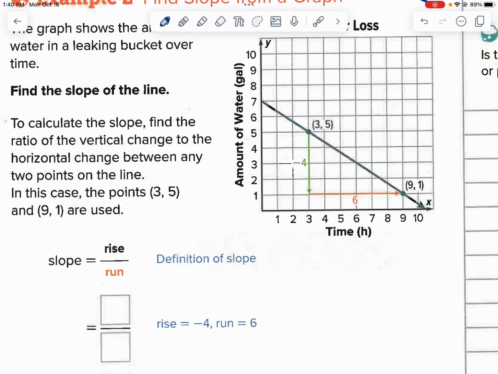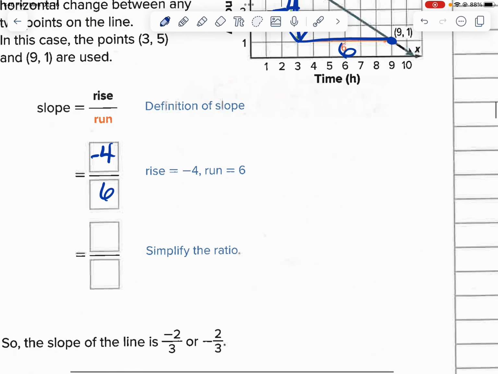So we're going from this down to here. So we go down 4, so negative 4. How far over did we go? We went over 6. Negative 4 over 6 is the same thing as negative 2 over 3.